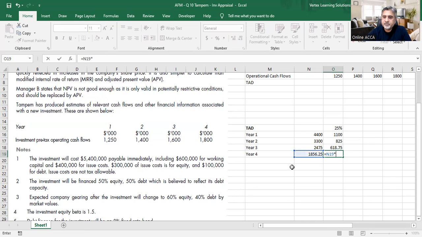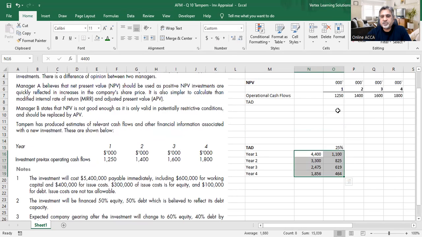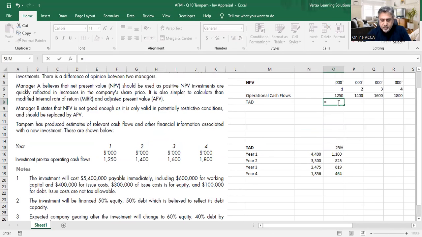Now I am going to take these depreciations and put them with a negative sign, because this is where we are decreasing the profit.